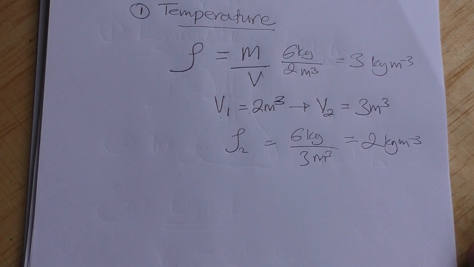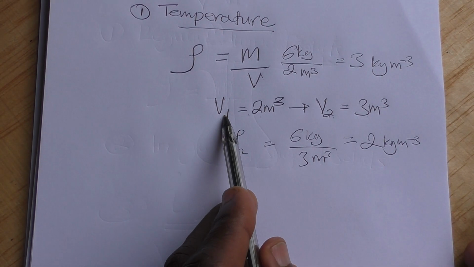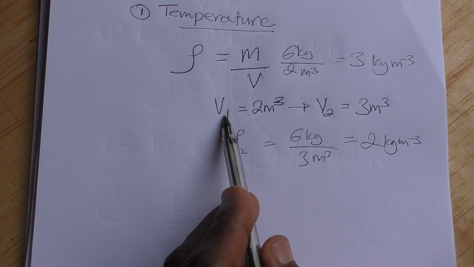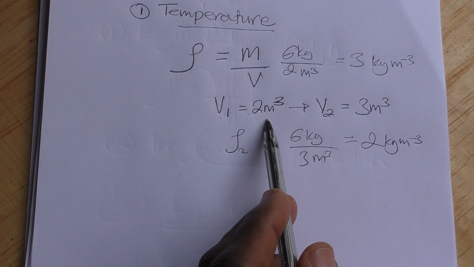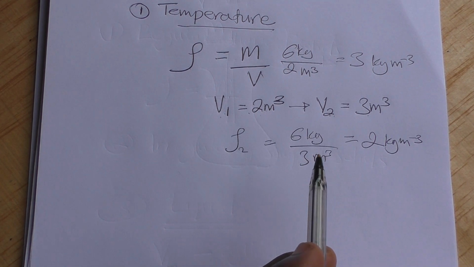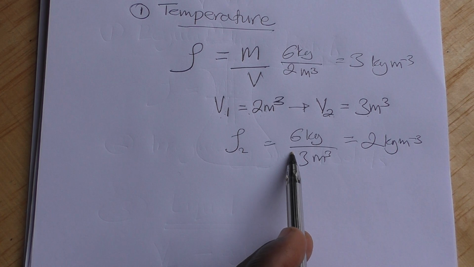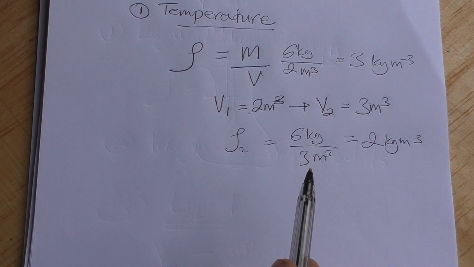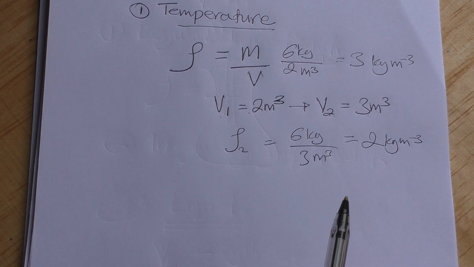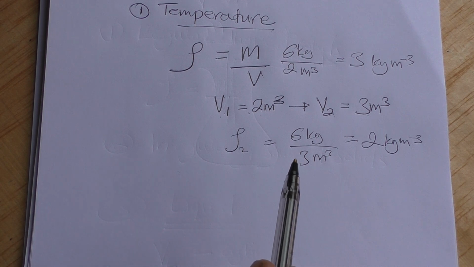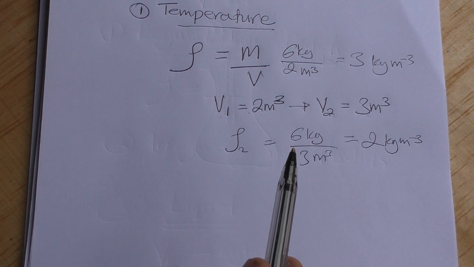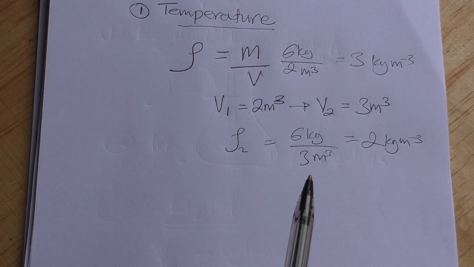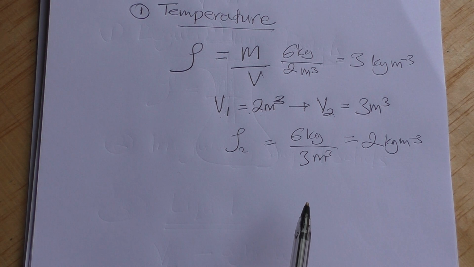So you notice that the temperature that caused the expansion of the molecules of the substance led to an increase in volume, which in return decreased the density. So that is how temperature affects density. Increase in temperature leads to increase in volume, which leads to a decrease in density.